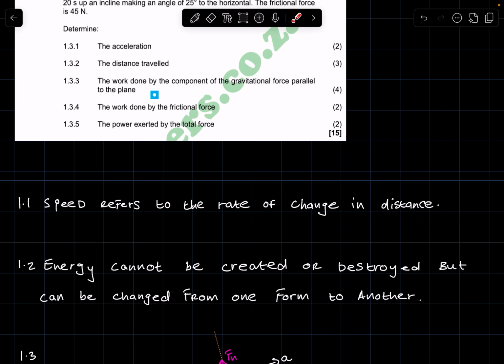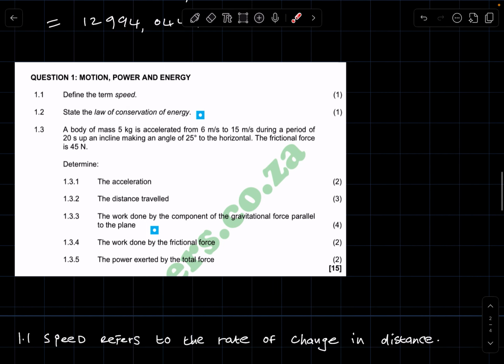If we were defining the term velocity, we would write it the same way, except we would replace distance with displacement. So just take that into consideration. Speed refers to the rate of change in distance. That was just for interest sake.